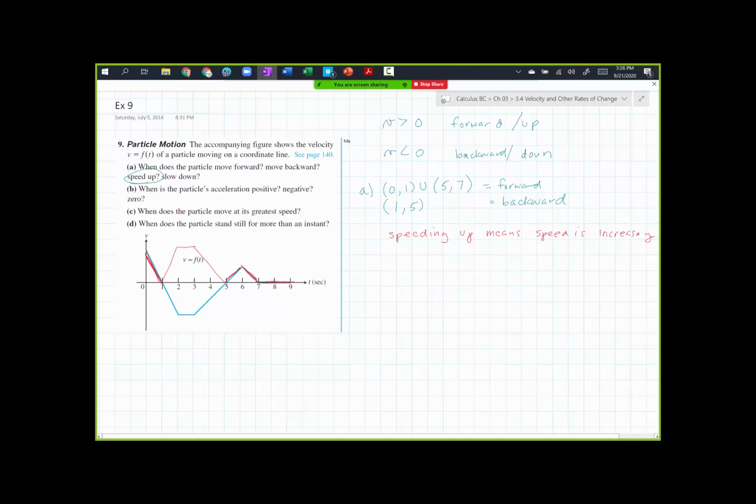Well, where is that on this particular drawing? Here, there's the speed curve, but it's getting lower and lower and lower. That's slowing down. Slowing down means speed is decreasing.